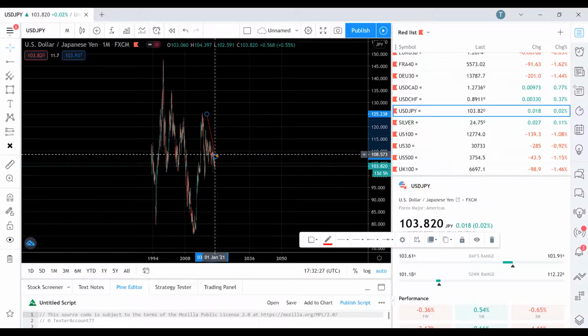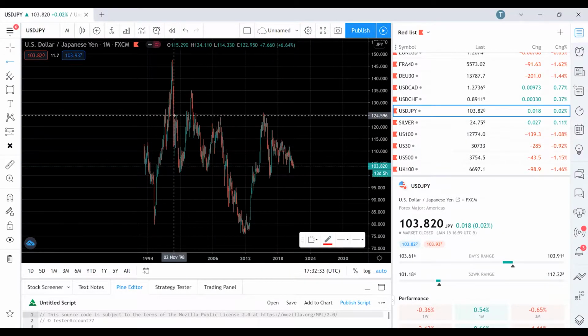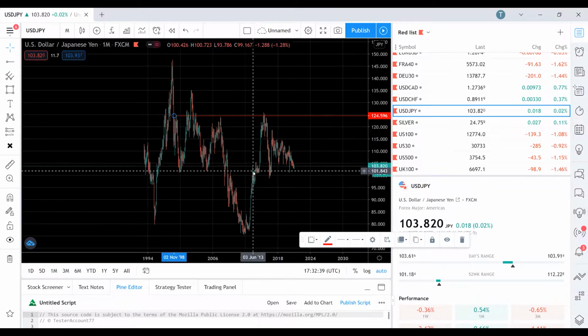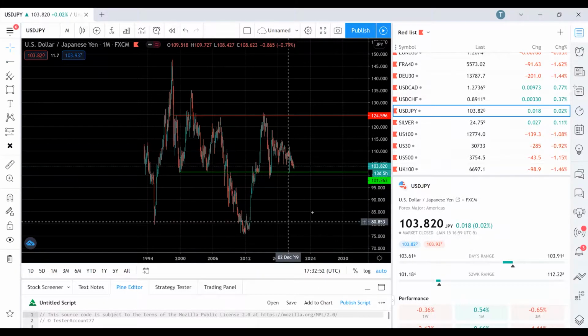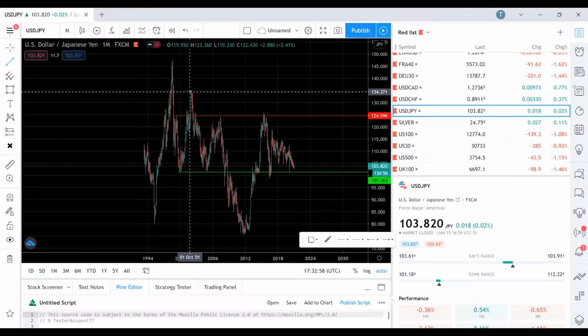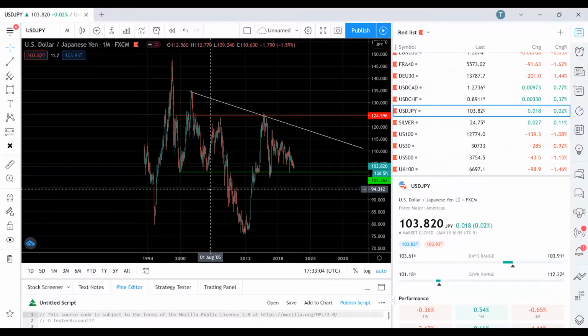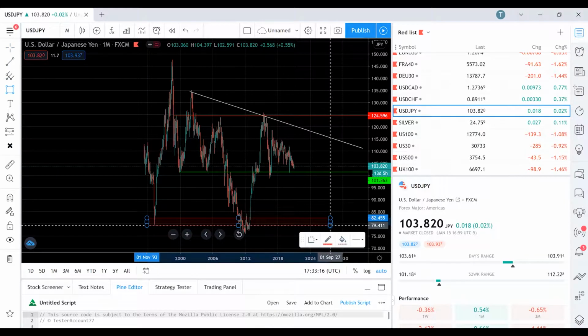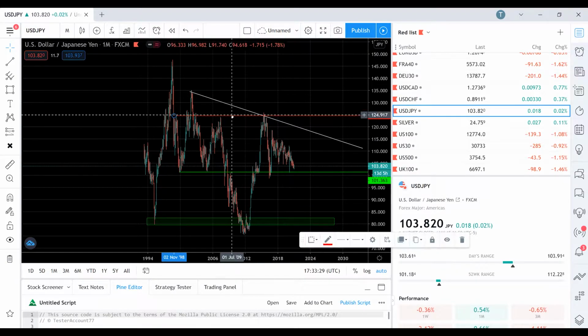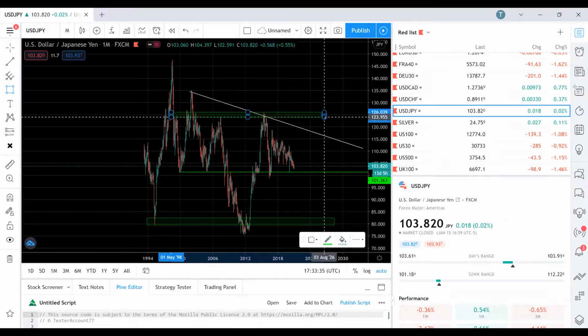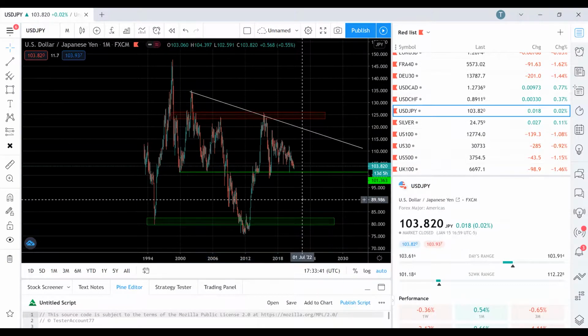USDJPY, start on the monthly, resistance here. Support here. Trend resistance here. Buy zone here. Move to the weekly.